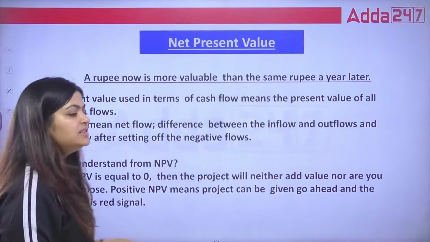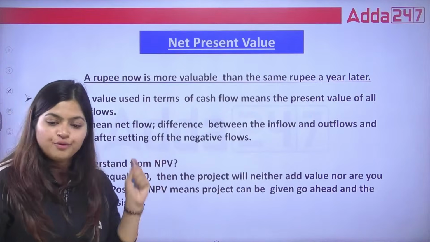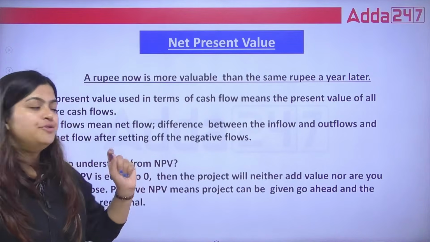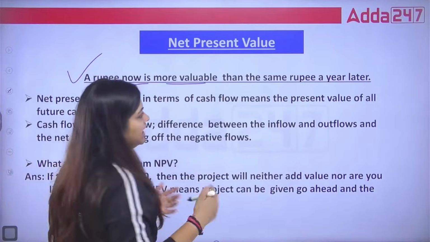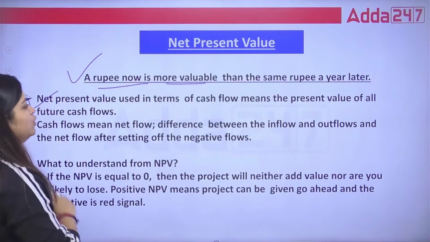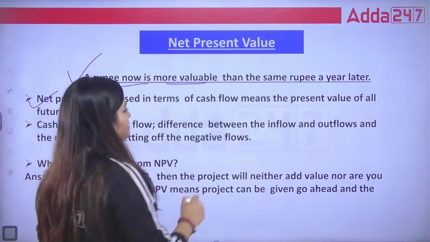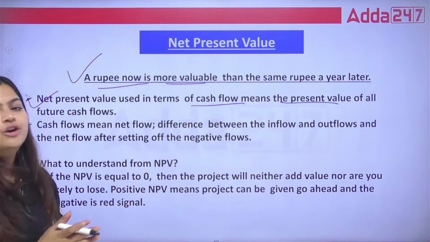Now the first thing under this discounted cash flow is your net present value. Now net present value means a rupee now is more valuable than the same rupee a year later. Now net present value used in terms of cash flow means the present value of all future cash flows.